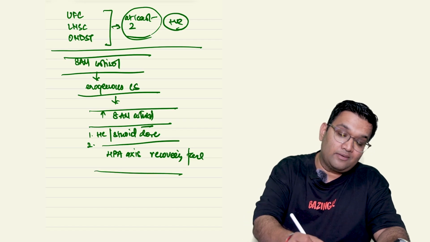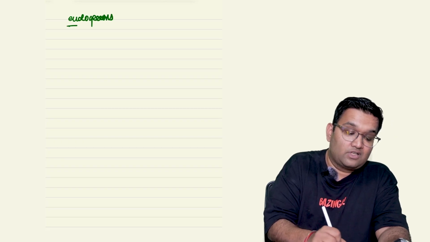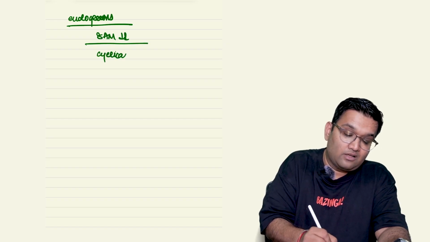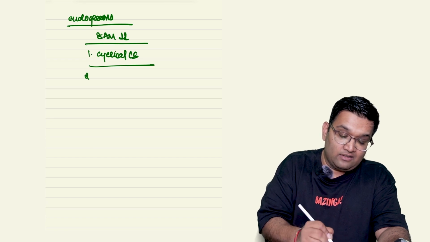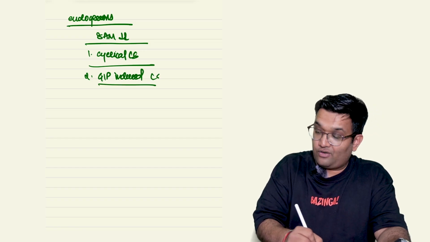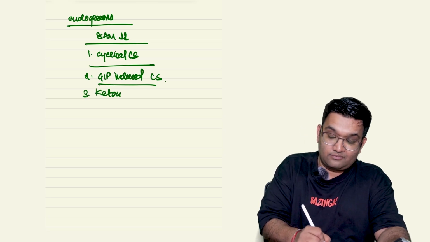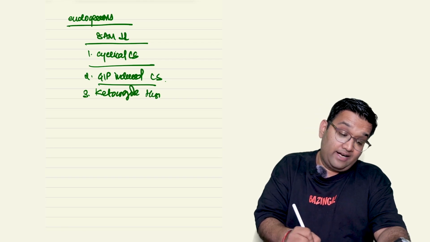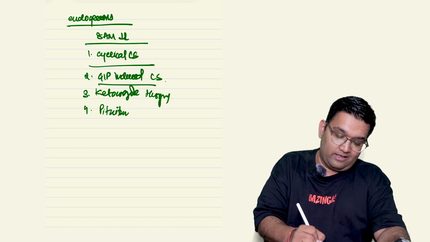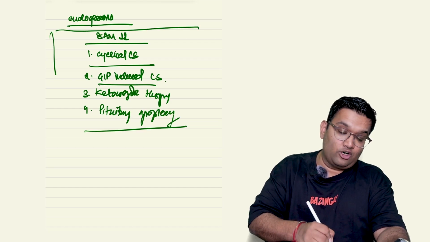The reverse can also happen: the patient is actually endogenous and the 8 AM cortisol is low. This can occur in cyclical Cushing syndrome. This can occur in GIP induced Cushing syndrome. It can occur if the patient is on ketoconazole therapy. It can also occur if there is bleeding inside the tumor, that is, pituitary apoplexy. So here the 8 AM cortisol can also flounder.